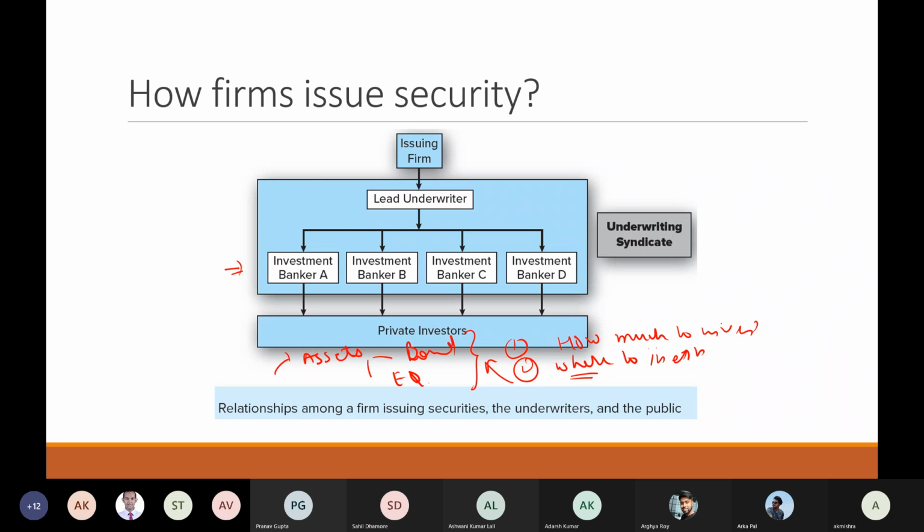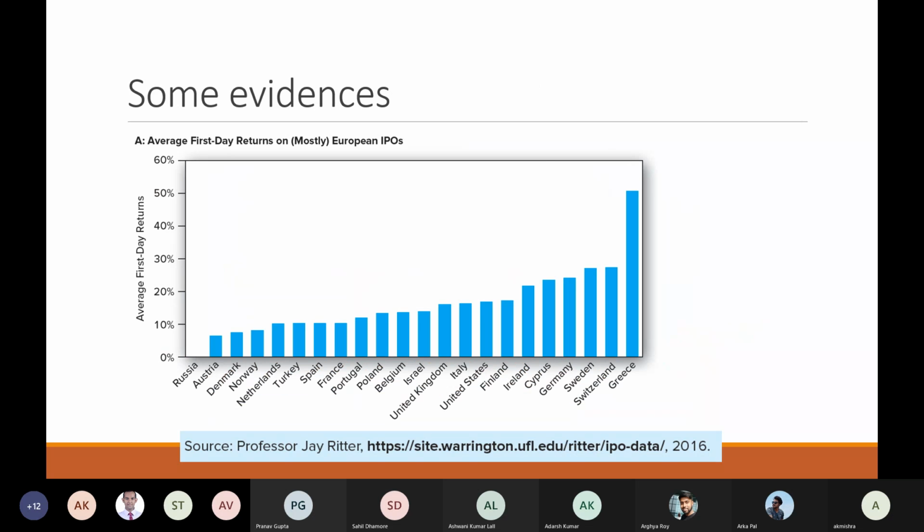These investment options become available when a company, through a certain procedure, comes out with an asset class or certain investment options. When we talk about equity, this is how first day returns, especially of IPOs, initial public offerings, look across the world till 2016.